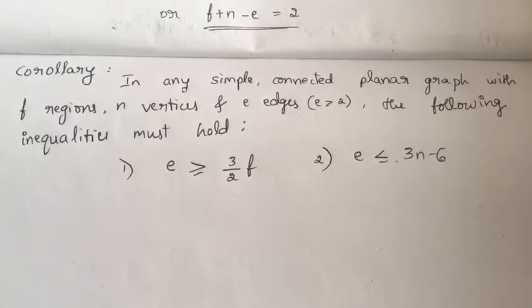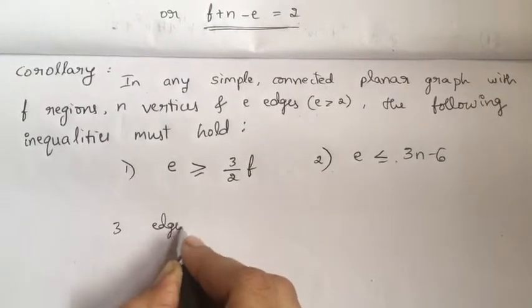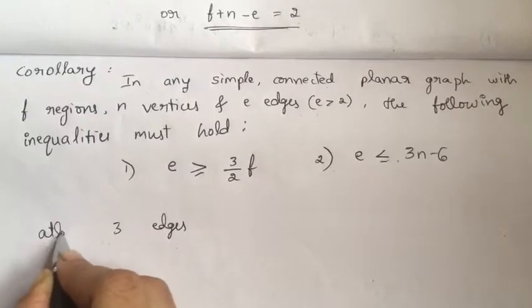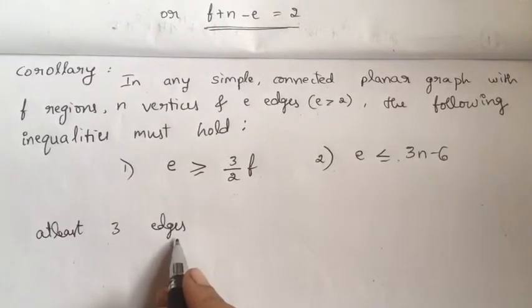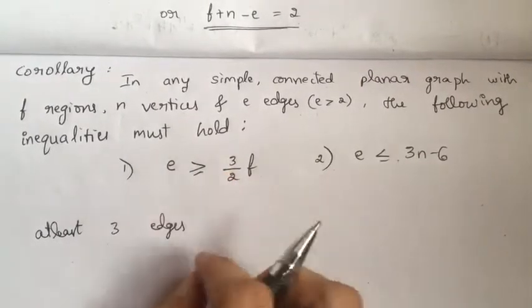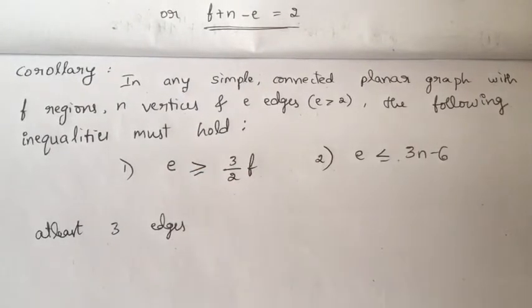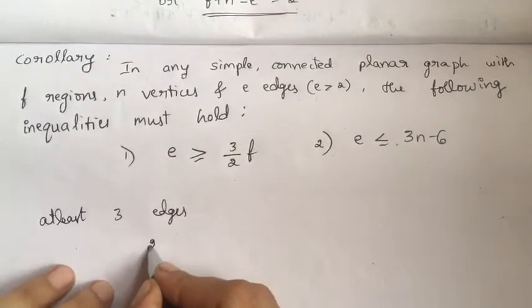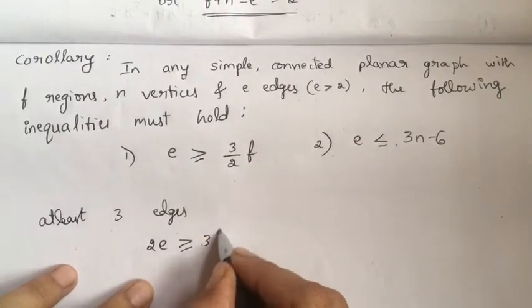It's because if I have a planar graph, then each region is bounded by at least 3 edges, and each edge belongs to exactly 2 regions. Therefore I can write 2e is greater than or equal to 3f.